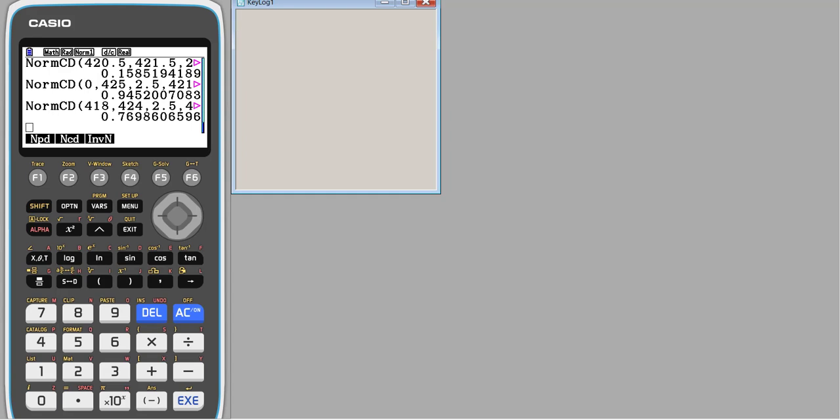Question B asks us, determine a value x such that the probability that x is less than little x equals 0.98. So I can do this using the same process as before. If I go back to my calculator, I can solve n, that's a numerical solve, and then I can go into stats, distribution, normal, and I can do an NCD.